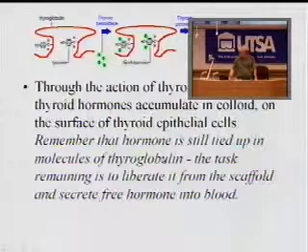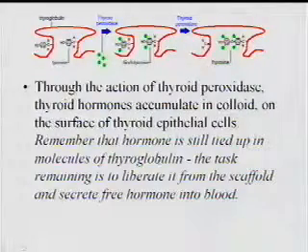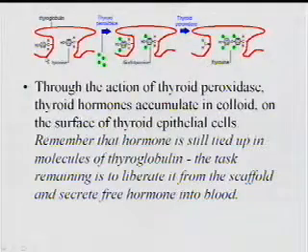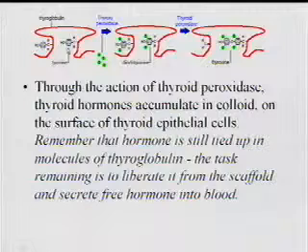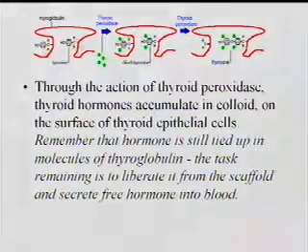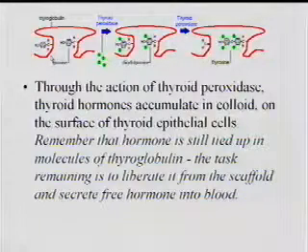So we'll follow through with that description using this illustration. So here we see the thyroglobulin, and the two tyrosine residues that are involved are not right next to each other. They're somewhere distant from each other, such that the three-dimensional folding of the protein brings them in proximity, and the peroxidase can act on it, and the iodide is there.